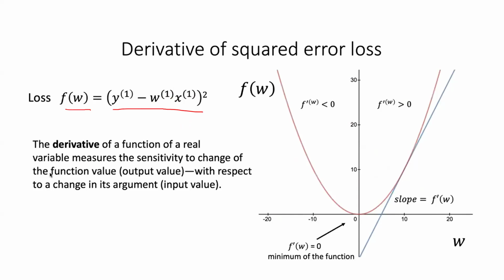Here you can see the loss function has high values at the highest point. Our main intention is to go down and get our loss function to 0. So f of w equal to 0 is the minimum of the function, and the bottom of the parabola is the minimum loss.